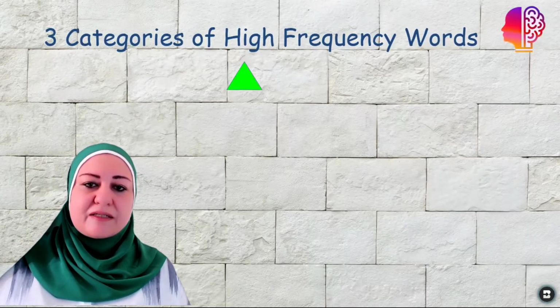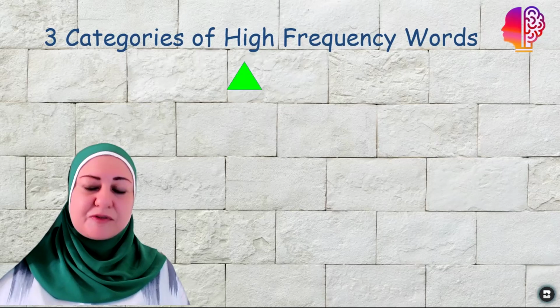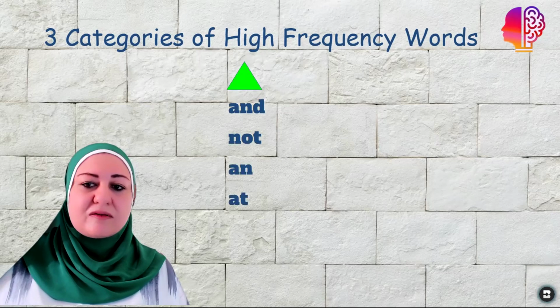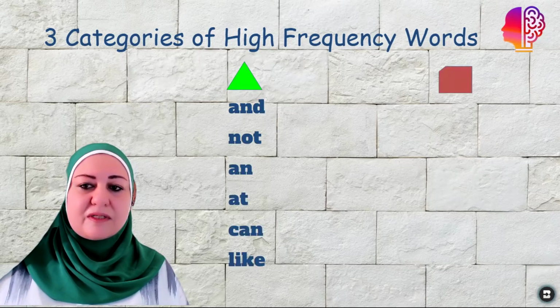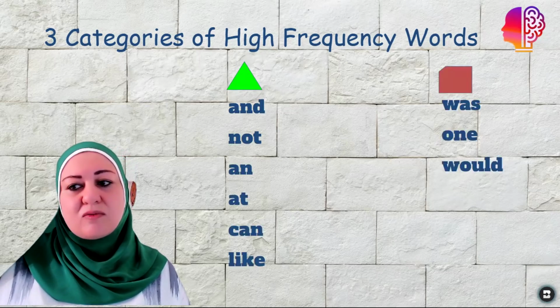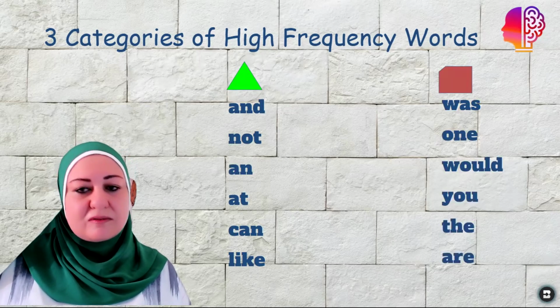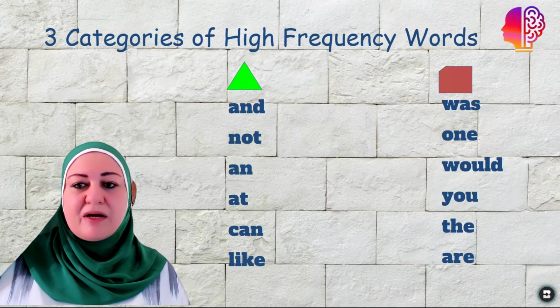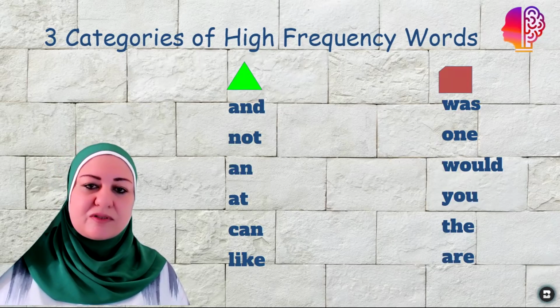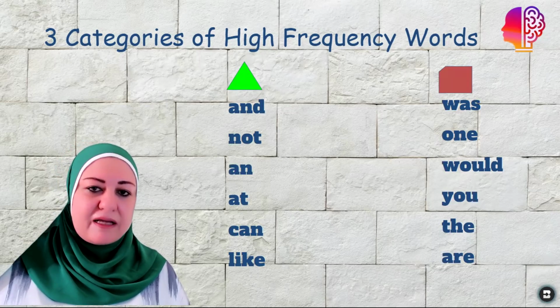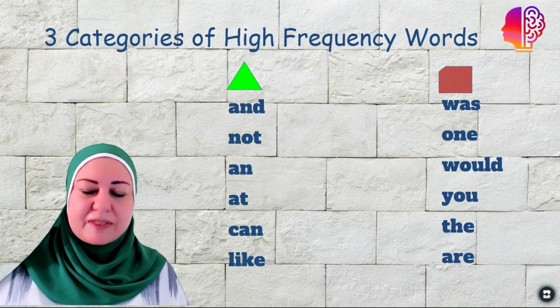Okay, there are three categories of high frequency words. So the regular ones are words that are decodable, and the irregular ones are words like these: was, one, would. They just have to know those by heart because those words are irregular. They're not spelled the way they are pronounced.